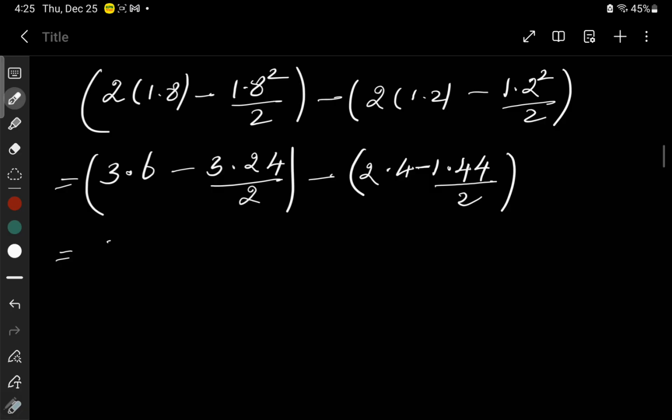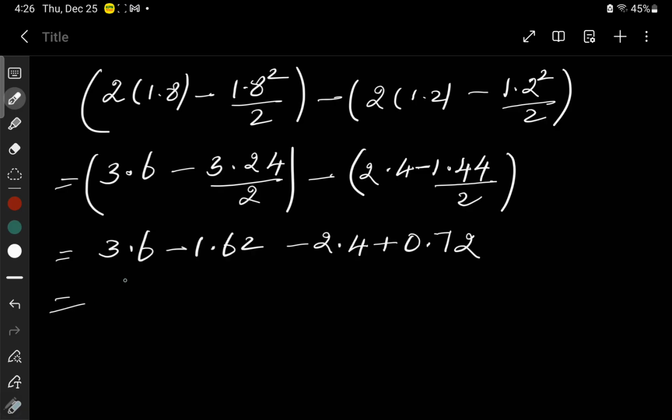So 3.6 minus 1.62, then minus, remove the bracket, 2.4, minus into minus plus 0.72. So you add this plus number and minus number.